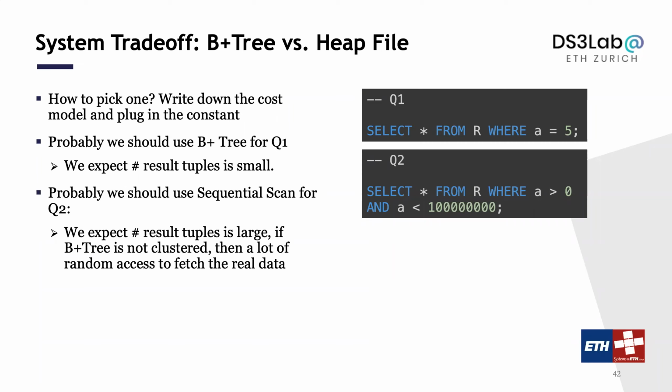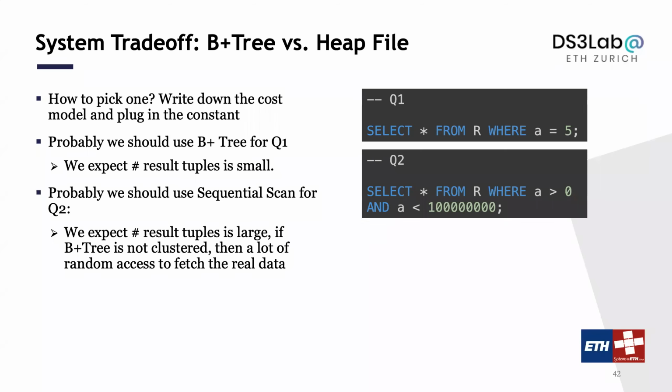When you end up returning a huge number of tuples, you end up with a huge amount of random access, which is much slower than the equal number of sequential accesses.